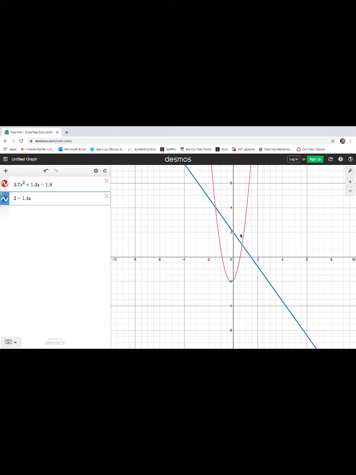And then this one over here where they intersect, the 0.725, is also the x value that corresponds with the interval of the y values, these ones that are less than or equal to the blue y values, because they're underneath the blue line. So that's going to be our interval.